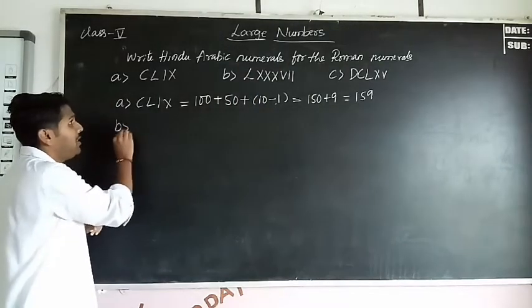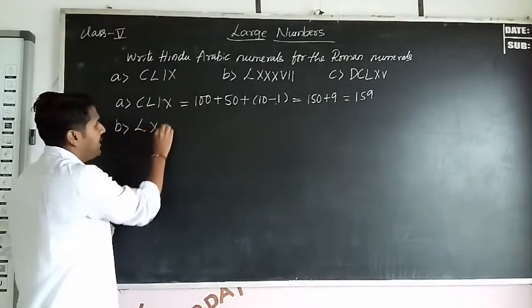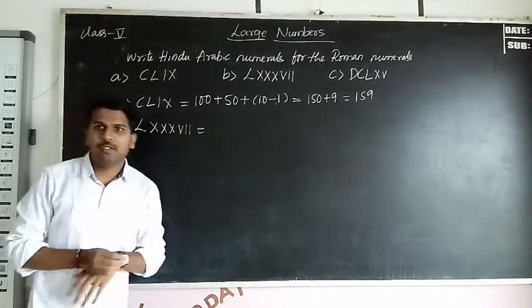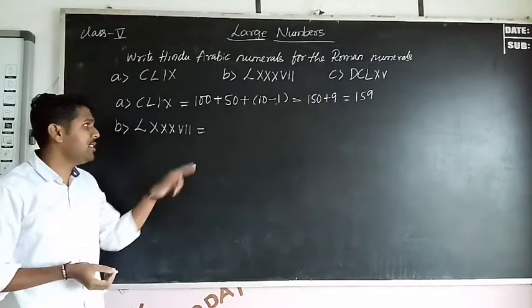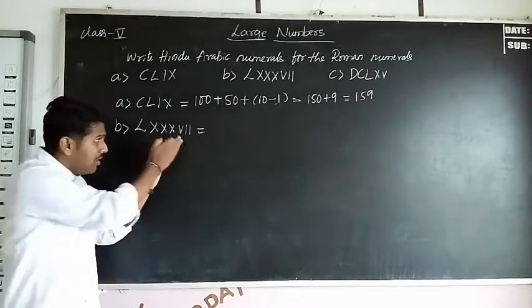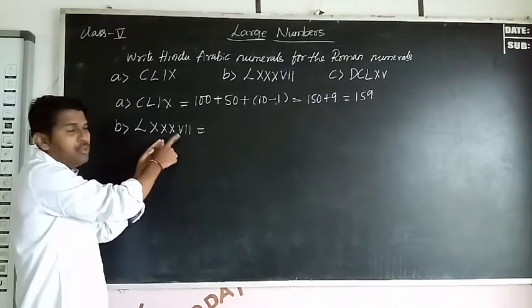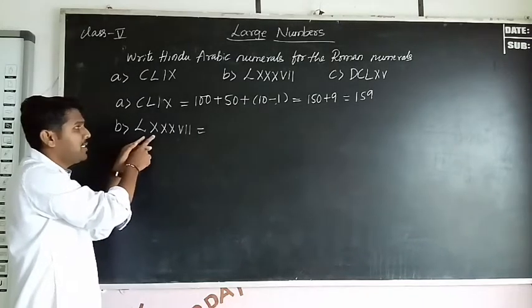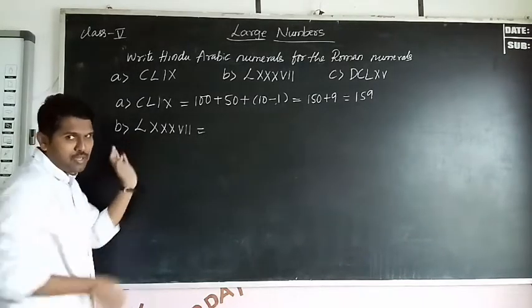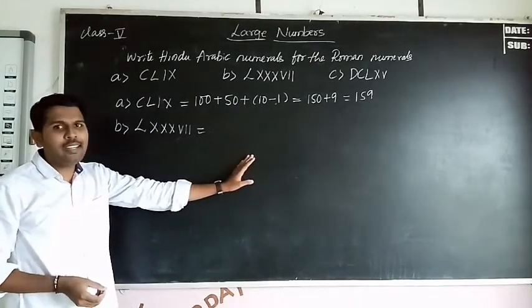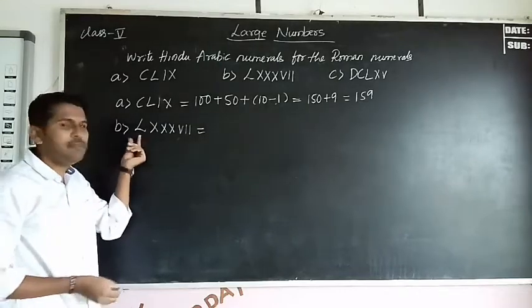So next this one: L X X X V I I. So first, smaller values are placed after the greater value. So V is smaller than X. So X is smaller than L. So write down those numbers. Placed after means you have to add the numerals. L means 50.